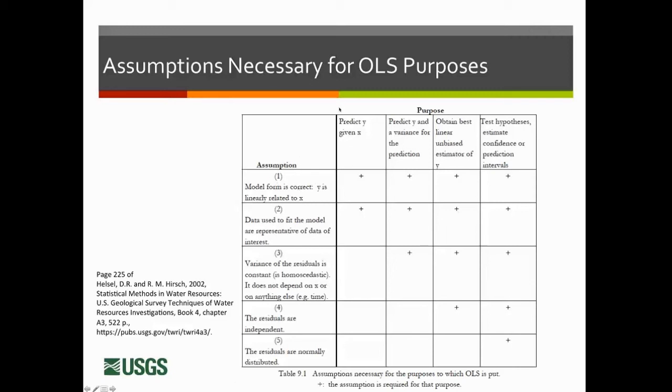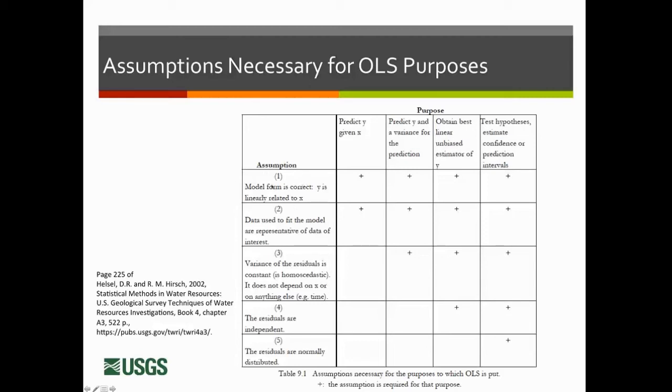If we want to do something more basic, like predict a y given an x, and we don't care about the error, which oftentimes is not a good plan, you should care about the error, but in order to do that, all you would need is to make sure the model form is correct. Y is linearly related to x. And think back to the correlation. This is like the Pearson's R correlation.